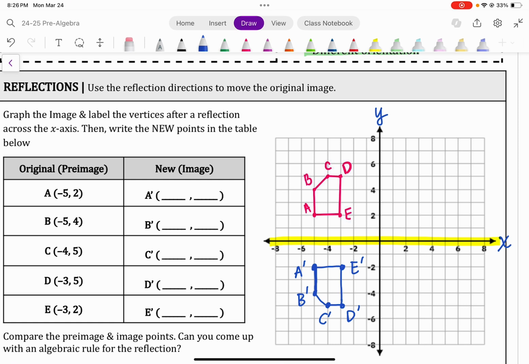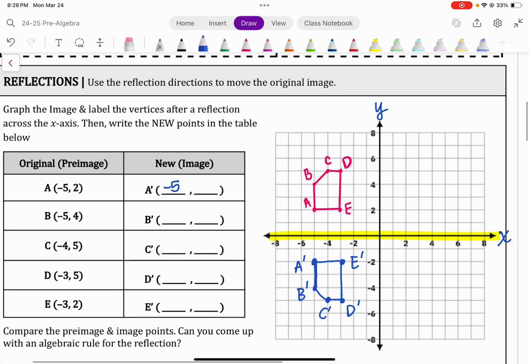So let's find where A prime is. My original A is at -5, 2, and A prime is at -5, -2. B is at -5, 4. B prime is at -5, -4. C is at -4, 5.